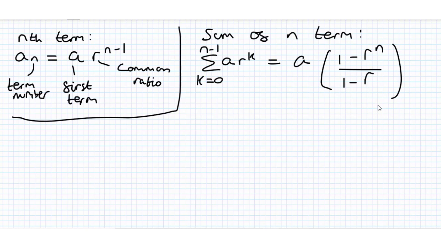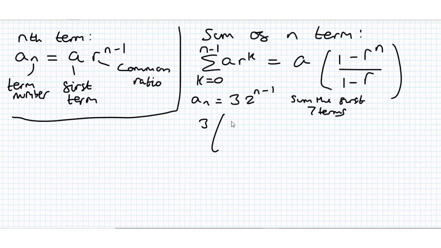So if you're given a geometric series defined by, let's say, a_n equals 3 times 2 to the power of n minus 1, then if you get told to sum the first 7 terms, the sum of these first 7 terms is just equal to the first term a multiplied by 1 minus 2 to the power of 7 over 1 minus 2.